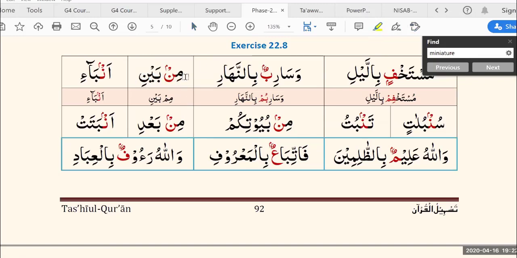Okay. Can you do these words? The last four. Yes. Last five. Bismillahirrahmanirrahim. Min bayni. Okay. First of all, L281.